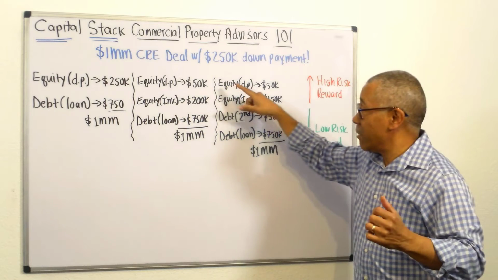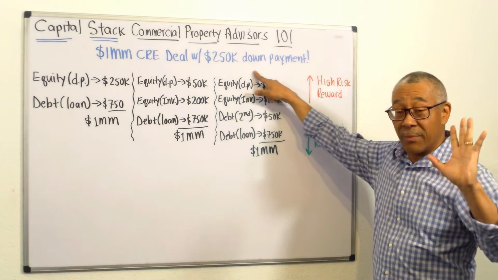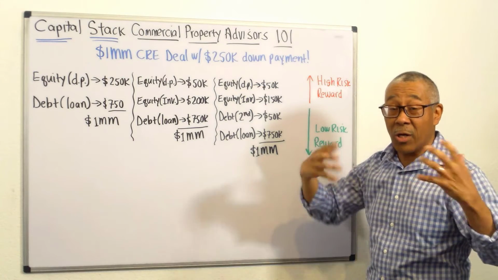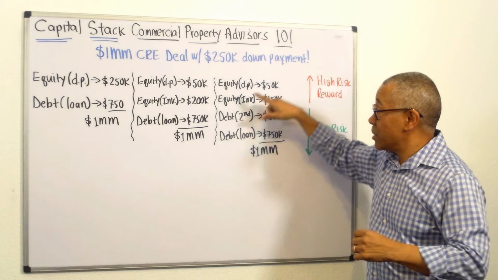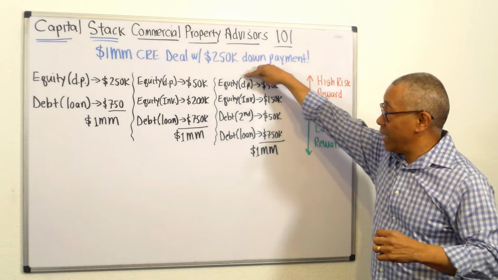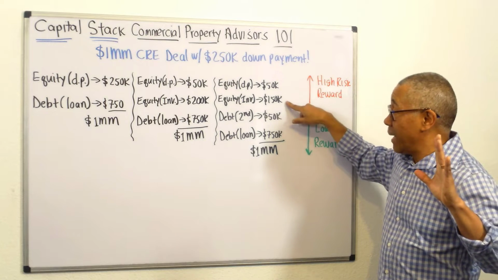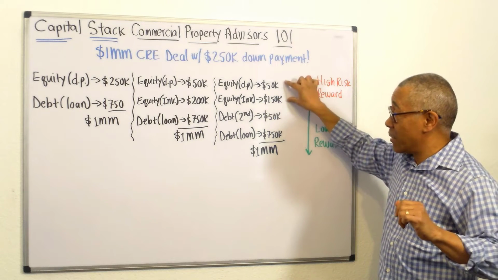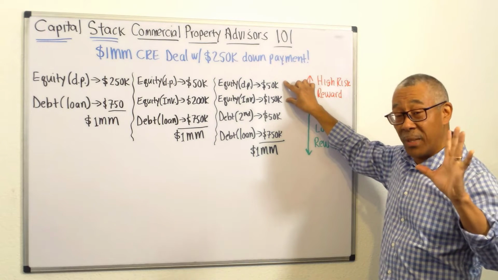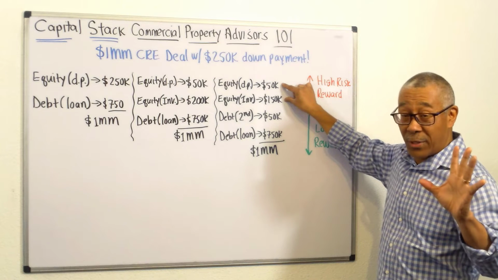Now here's an additional one. This is scenario number 3, where we do something a little different, but it still comprises equity and debt. We have an equity portion, your down payment of $50,000, and we're going to bring in an investor for $150,000. So I have 2 pieces of equity that are going to equal $200,000.